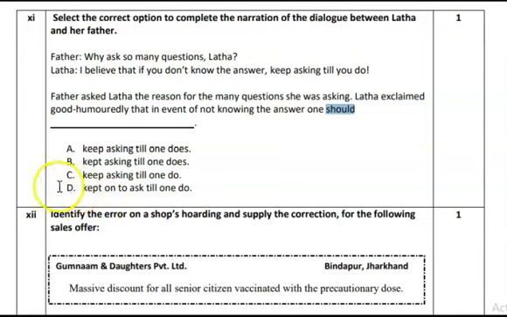Now you are left with 2 options. A is keep, and C is keep. Now the correct answer will be A. Why? Because there is another subject here, and that subject is this word one. So this one is singular, therefore does is singular, and here this singular subject is being followed by a plural verb do. Therefore C cannot be the correct answer.